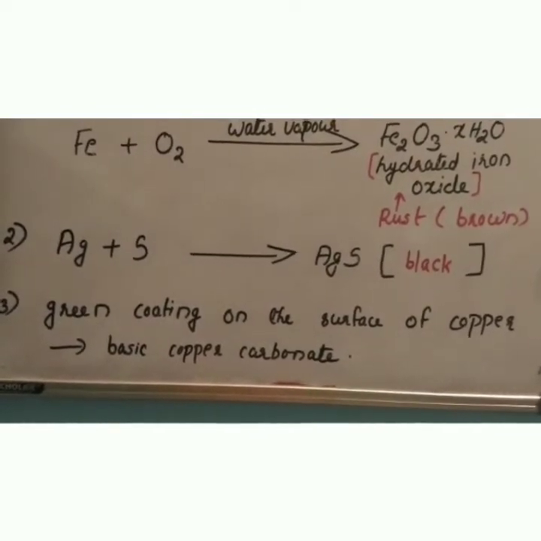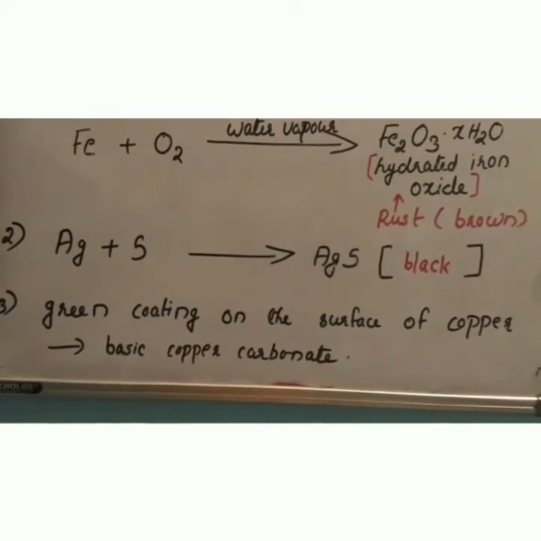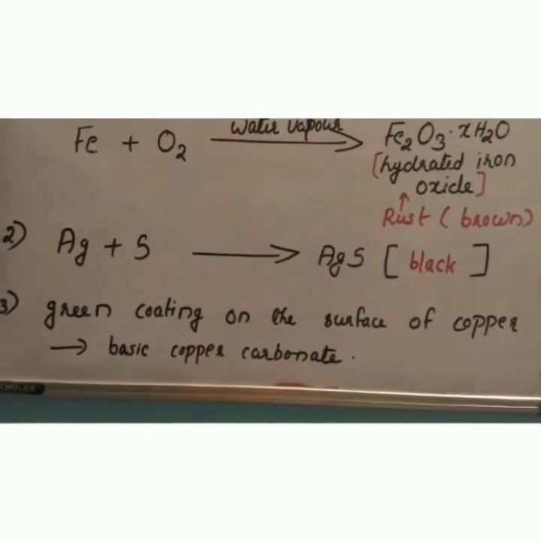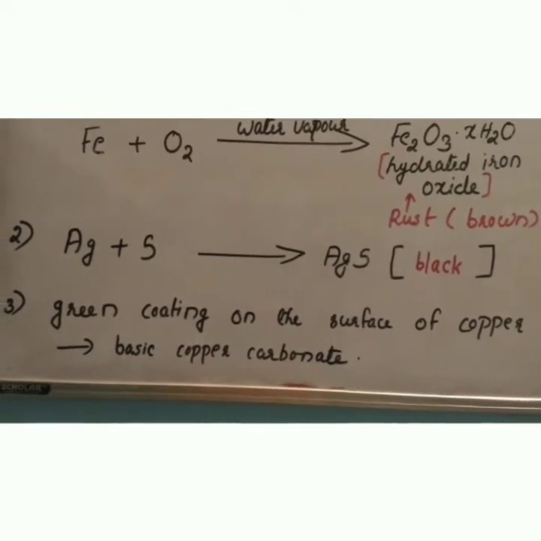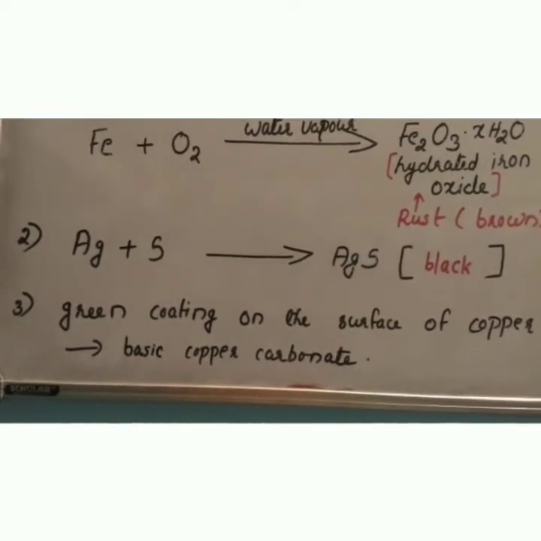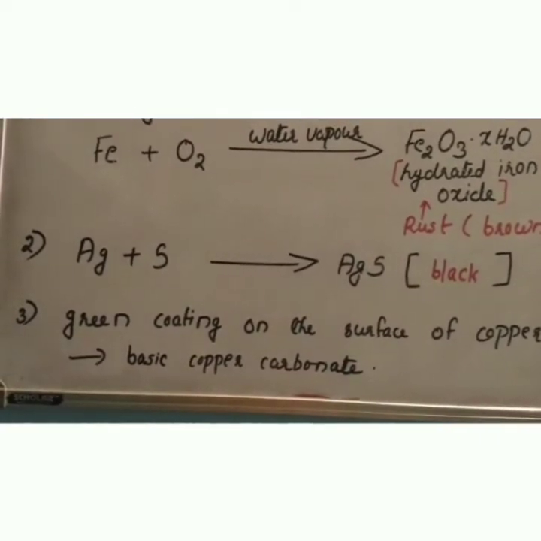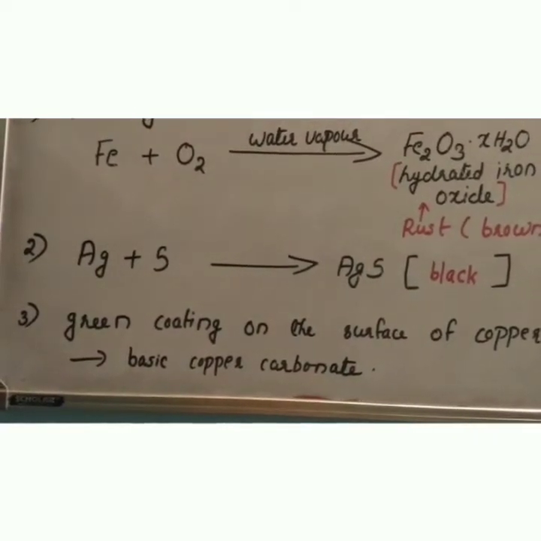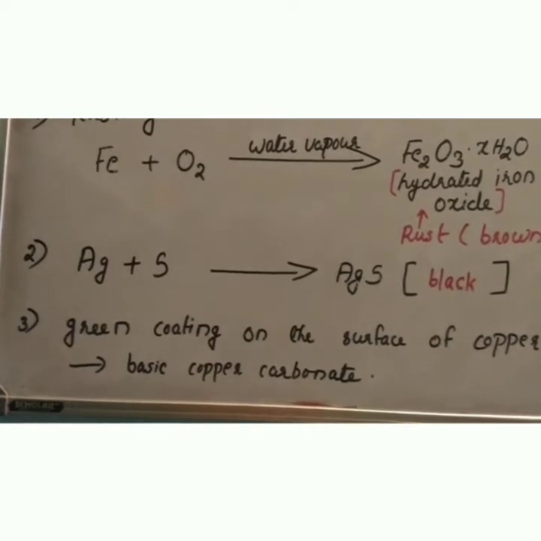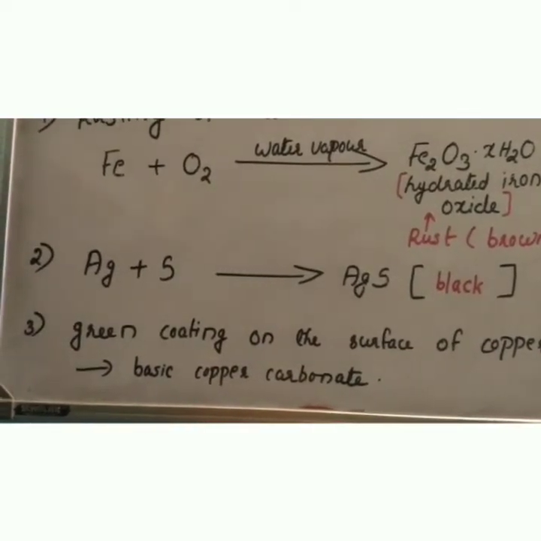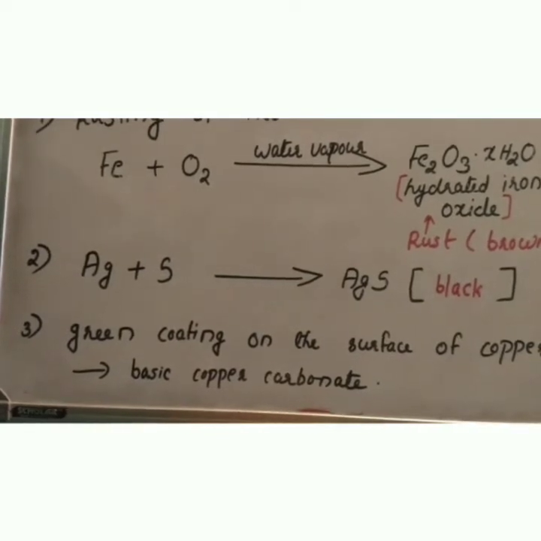This green colored coating is basic copper carbonate. It is formed by the reaction of copper with the atmospheric oxygen, carbon dioxide and water vapor to form a green coating, that is basic copper carbonate. This is the green colored coating on the surface of copper.